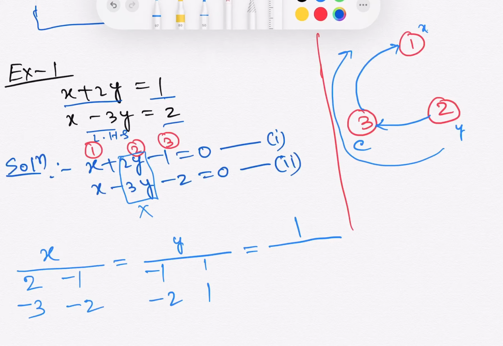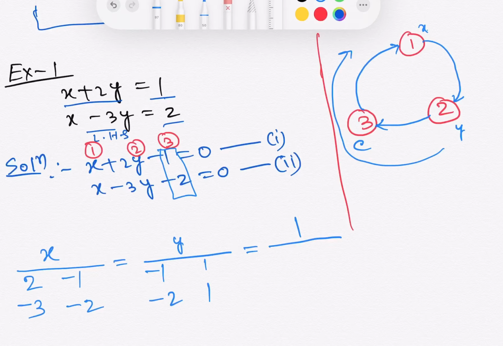Now after that we look at the constant portion. When we look at this column, we don't look at number 3, only at number 1 and number 2. Number 1 is the x variable part and number 2 is the y variable part. So deal with these two numbers. Now we draw another anti-clockwise arrow from 1 to 2.